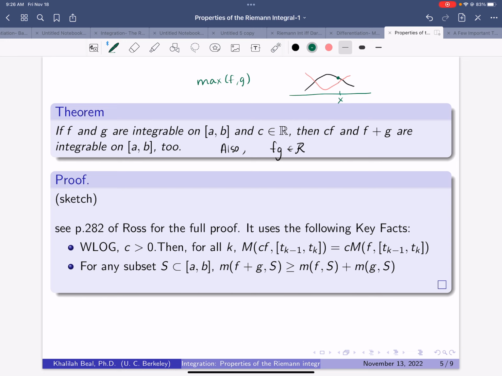The max of f(x) and g(x). For the picture that I've drawn here, the max of f and g would be the function that's this, right? So it's a brand new function that's the maximum of f and g at each point. That would also be Riemann integrable. And also min, right?